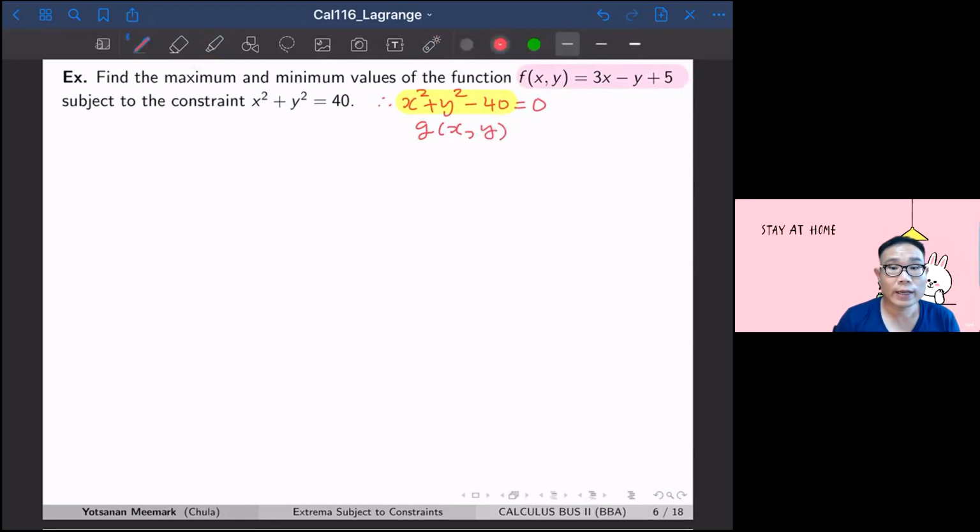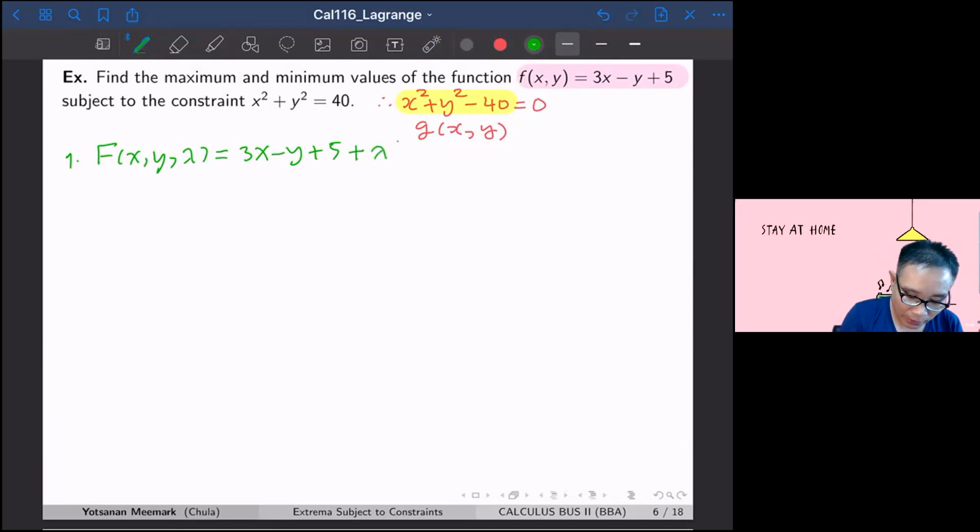And you're gonna have to form the function F(x,y,lambda). So it's gonna be 3x minus y plus 5, and you're gonna add lambda times x squared plus y squared minus 40. So this one will be the function and the constraint respectively. And then you're gonna differentiate, including with respect to lambda, which is the constraint.